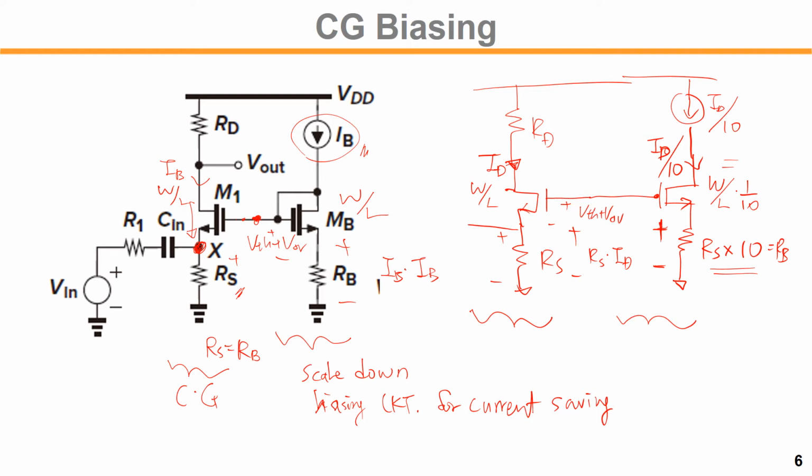So the gain of this circuit is sensitive to resistor variation, very sensitive to RS and RB variation, right?